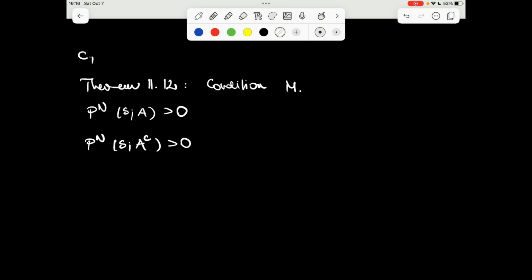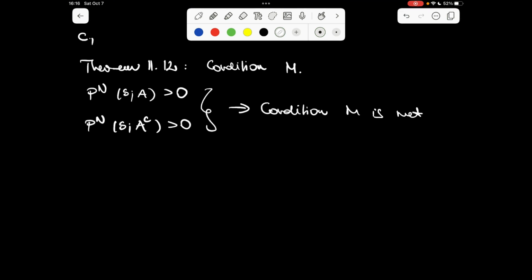So condition M is met. So there is a unique invariant probability measure to which the rows of the powers of the Markov matrix, the stochastic matrix, are converging.